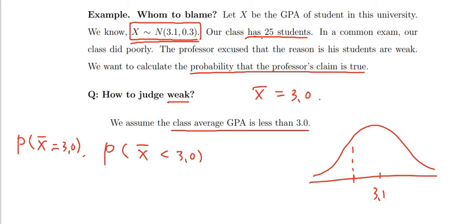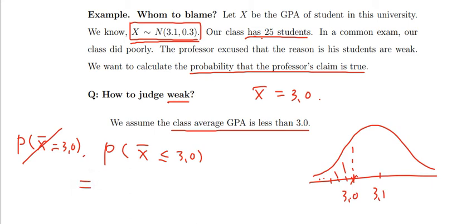Bad means less than this, less than 3.1 or 3.0. So we should not check this probability, we just check less than or equal. But again, for a continuous distribution, whether we include this point or not doesn't matter.